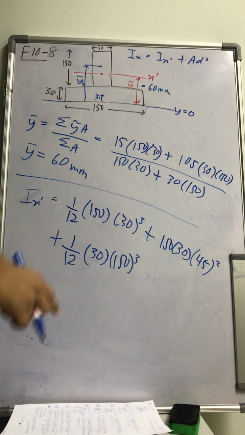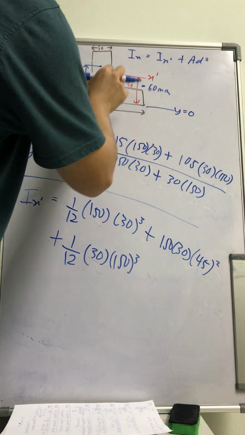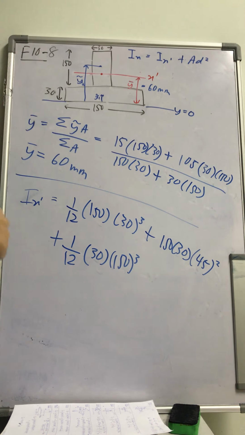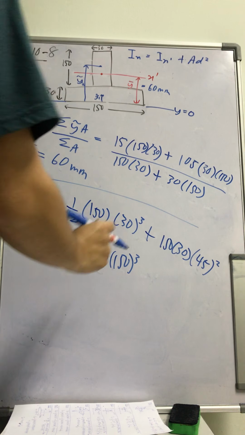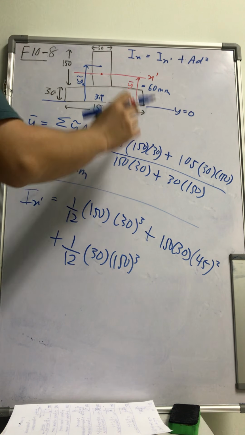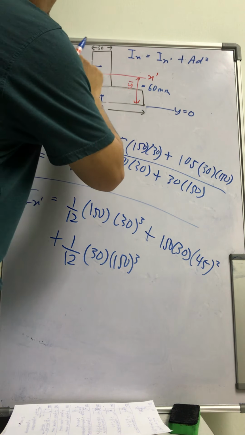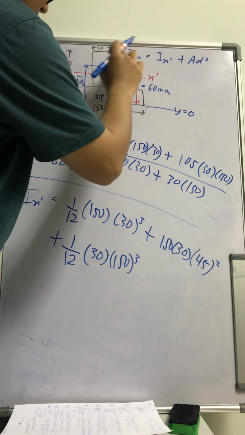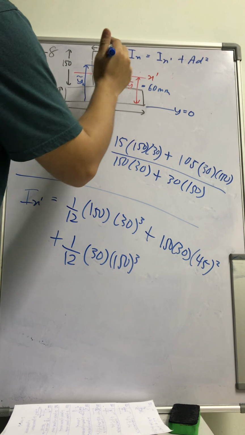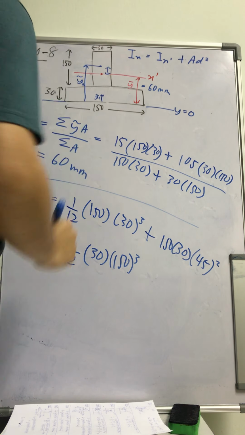Because this is a rectangle, so 1/12 b h cubed. But for this one, it is just about its own neutral axis, the axis that passes through its centroid, not here. So you have this gap.